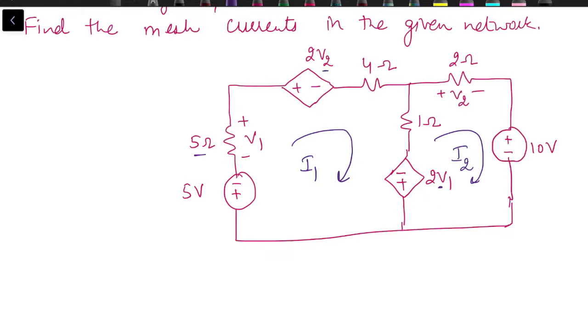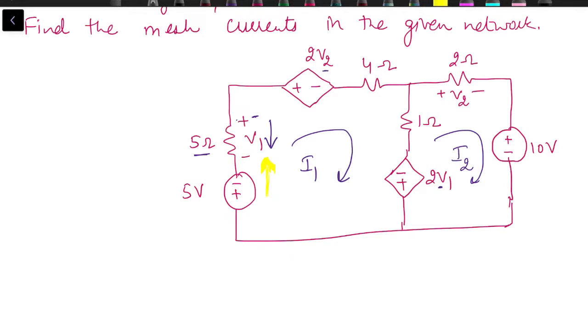So we just look at this. V1 is the voltage drop across 5 ohm resistance. Since this terminal is already marked as positive, this one is negative. So as per this polarity of voltage drop, current should be in downward direction. But our assumed direction of current is upward.